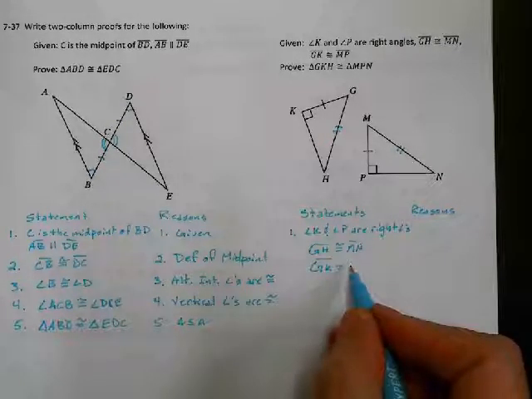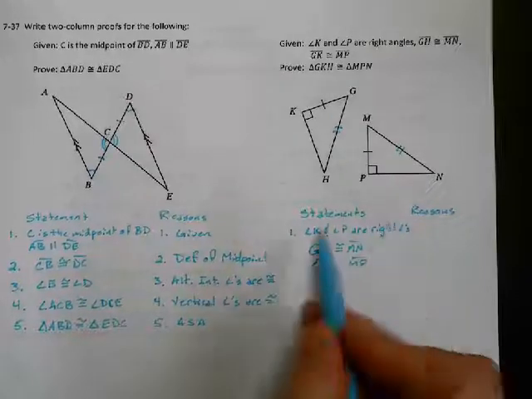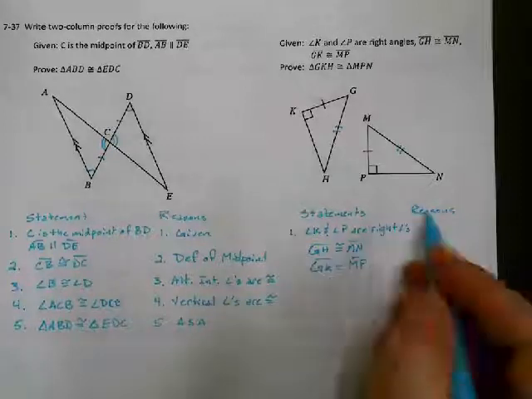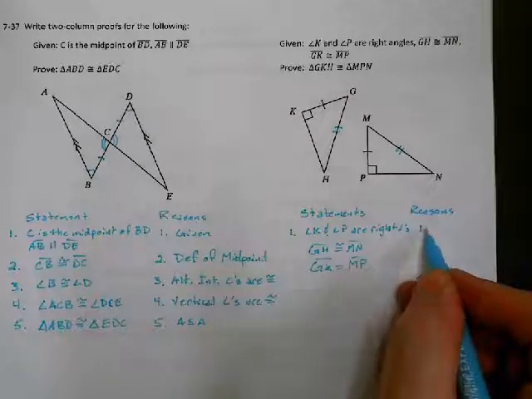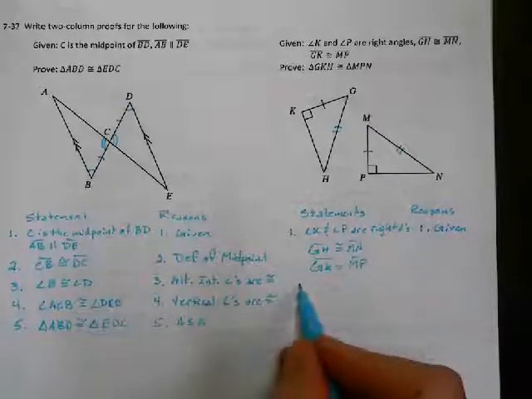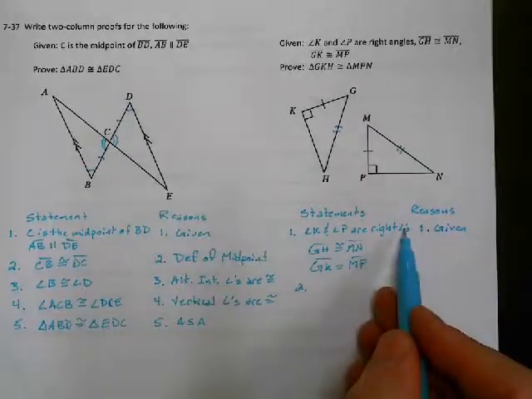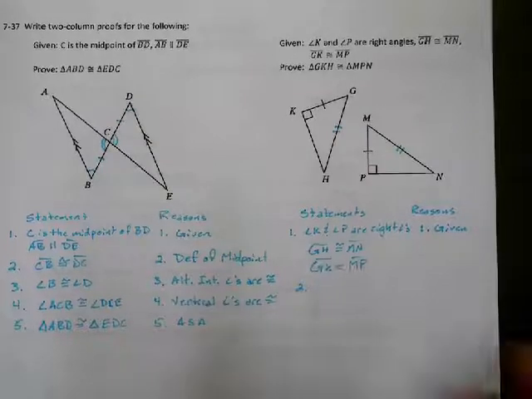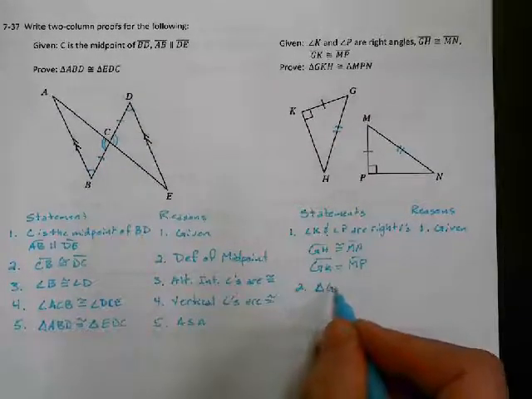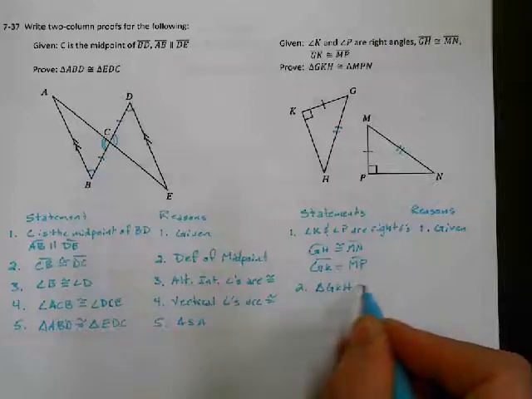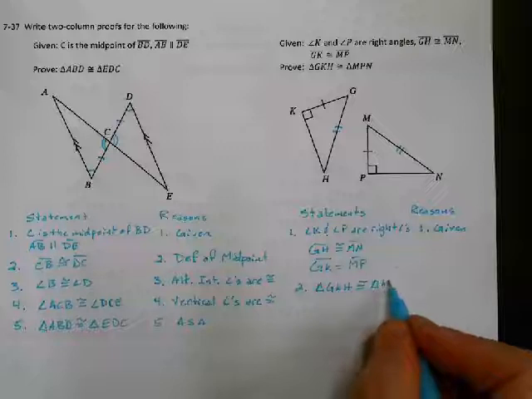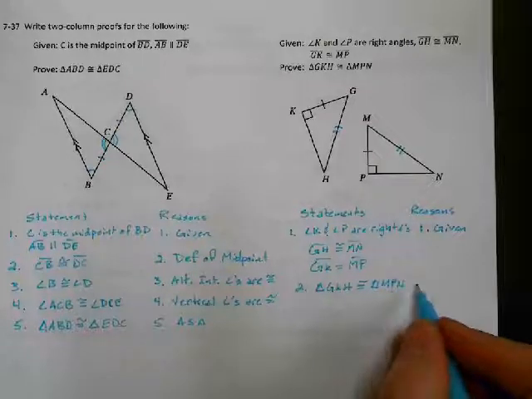So I've got right angles. This one's the hypotenuse. This one's the leg. Those were all my given. And that is enough information since we've got right angles, hypotenuse, and leg. That's enough to prove these two triangles are congruent. So triangle GKH is congruent to triangle MPN. And the reason is hypotenuse leg.